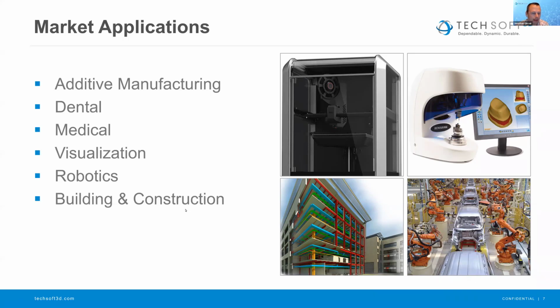All right, so where are some places that we're seeing Polygonica being used? Well, additive manufacturing, one of the major markets, and in that space, we also see dental and medical. There are a lot of dental implants being printed. That's quite a large market. Renishaw here is doing that, being able to take models and print them for the dental market.